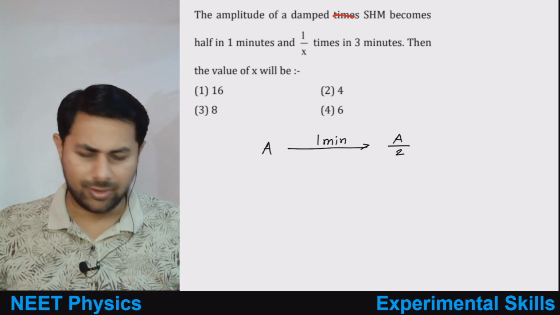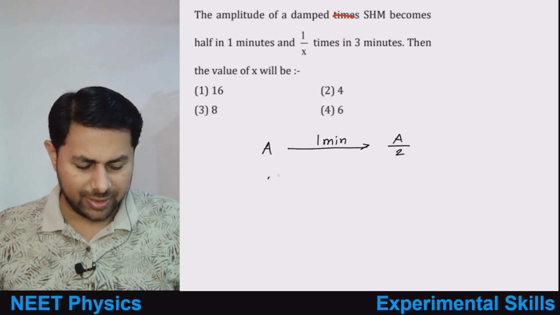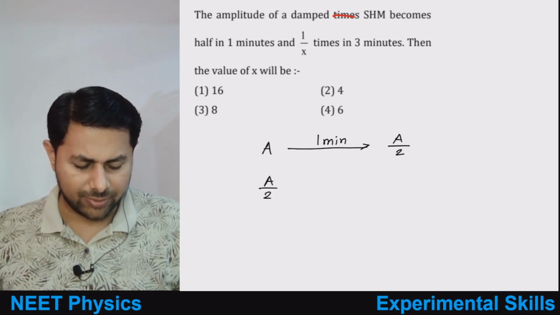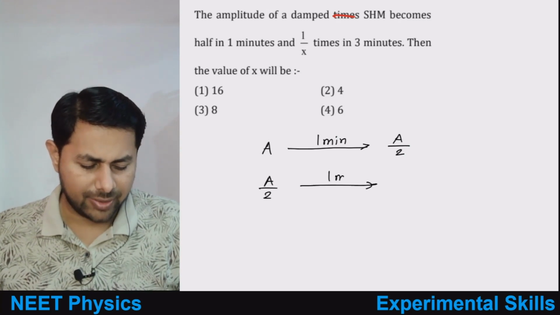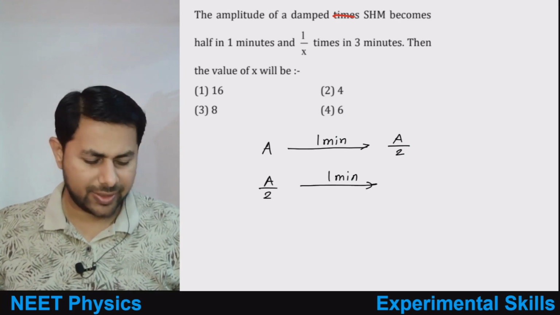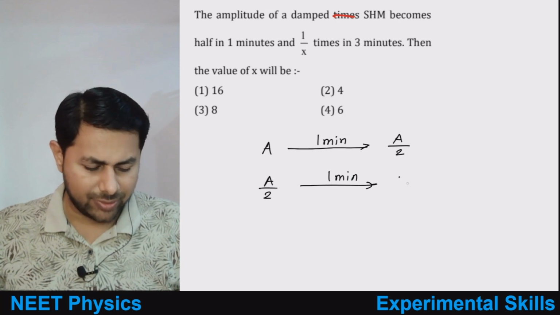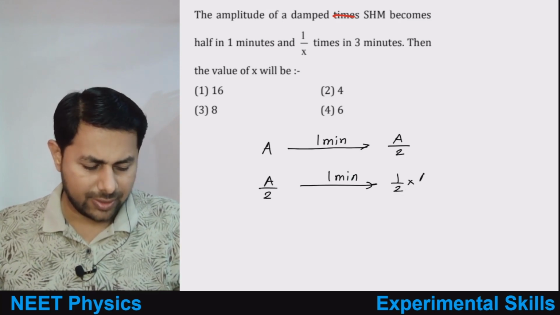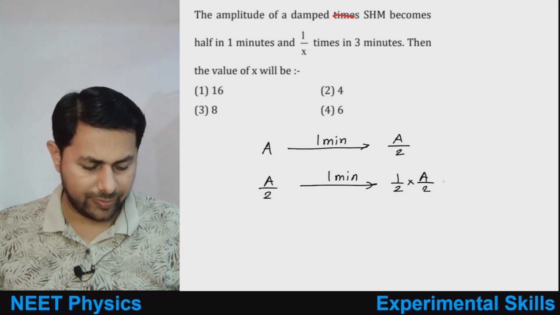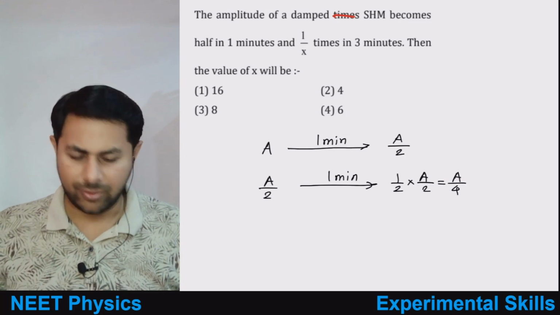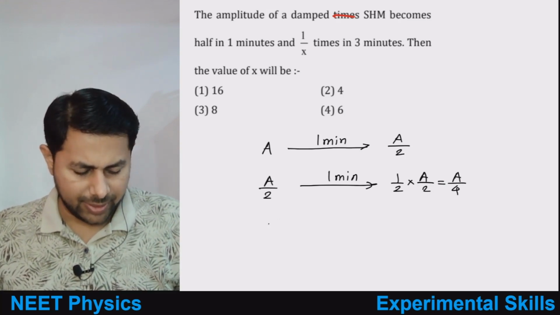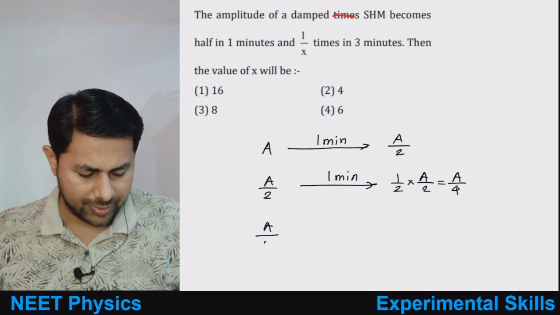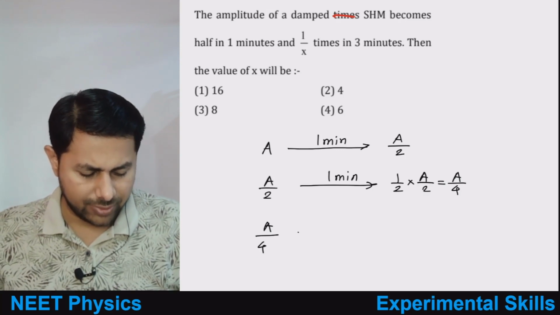Okay, so this is a very simple trick. Now the amplitude is A by 2. After another 1 minute, what will happen? It will become half of that, right? So half of A by 2 means A by 4. Then after another minute, it's A by 4 now.